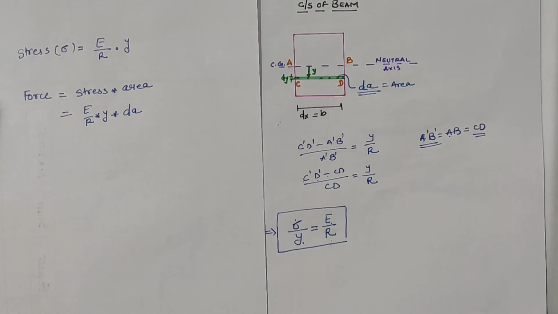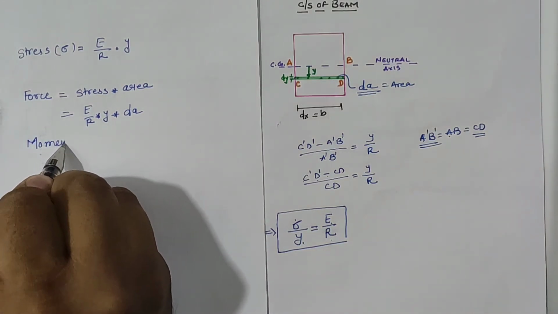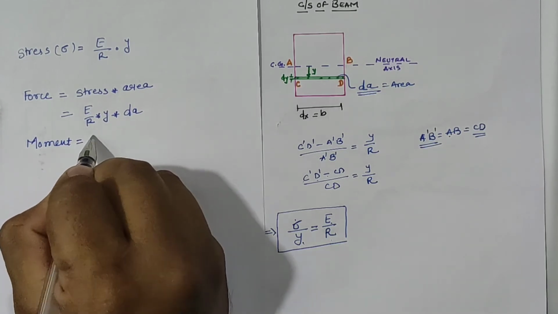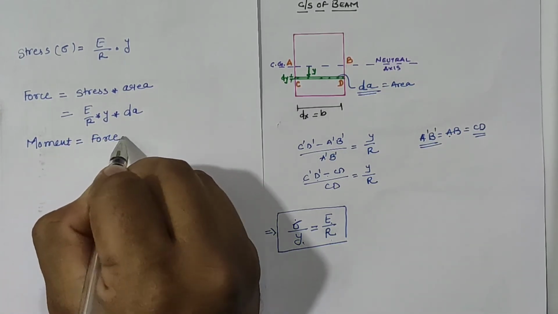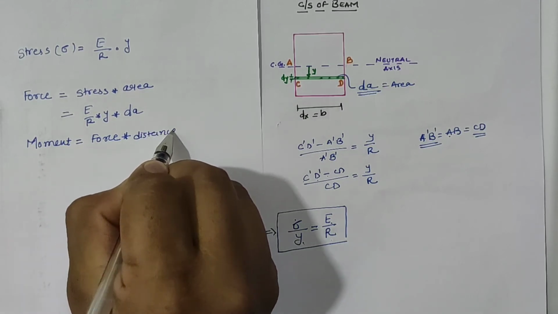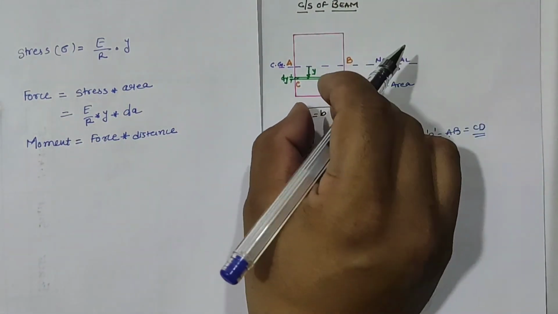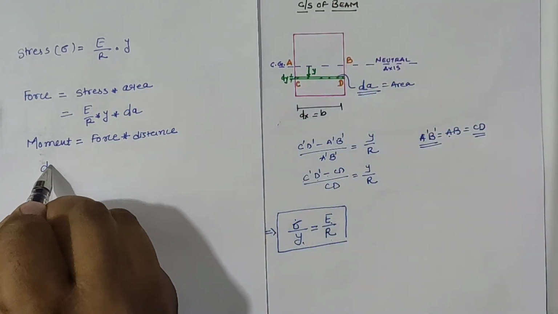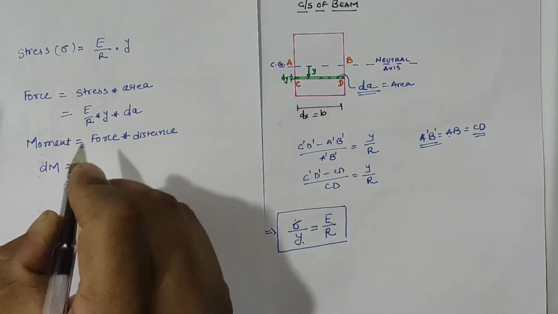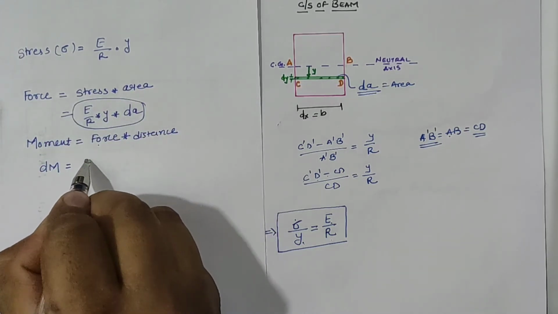Now going ahead for the moment, we know that the moment is equal to force into perpendicular distance from the CG of loading to the neutral layer. Now for the given section we have moment as small dM as a smaller part, force is E by R into y into dA.